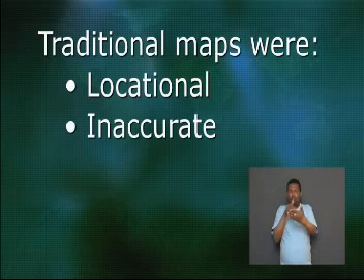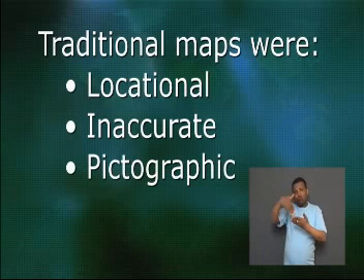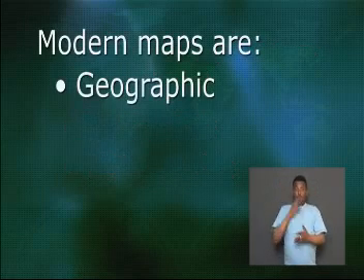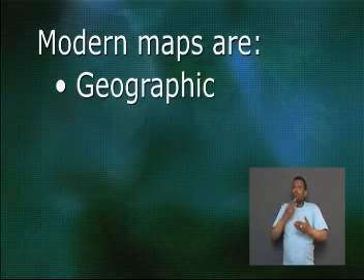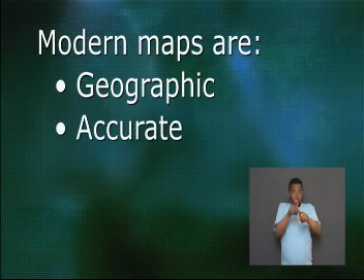Relative distances were often inaccurate, and drawings of three-dimensional objects meant that they were pictographic. Modern maps are usually geographic rather than locational. And relative distances are very accurate.